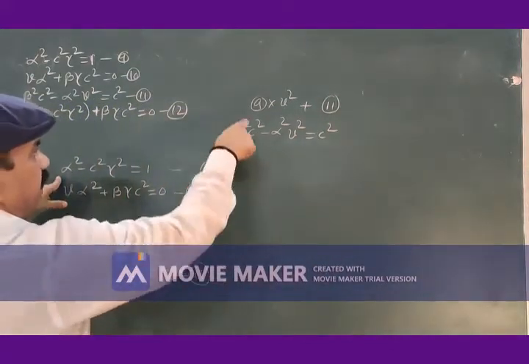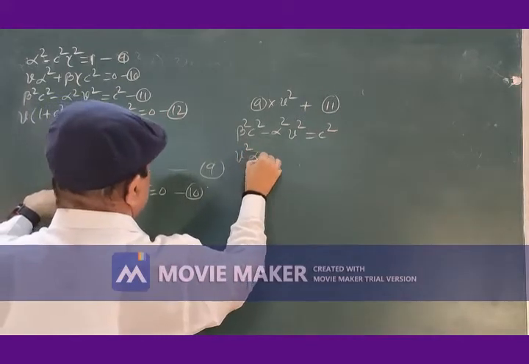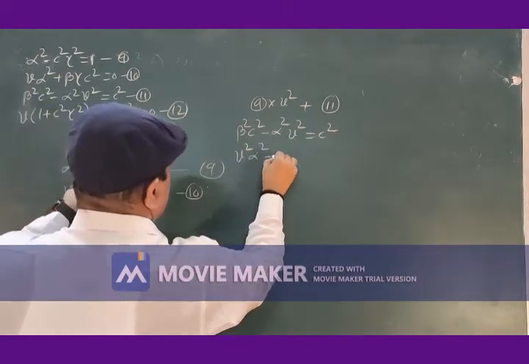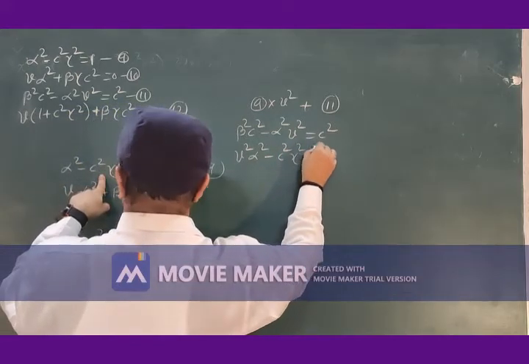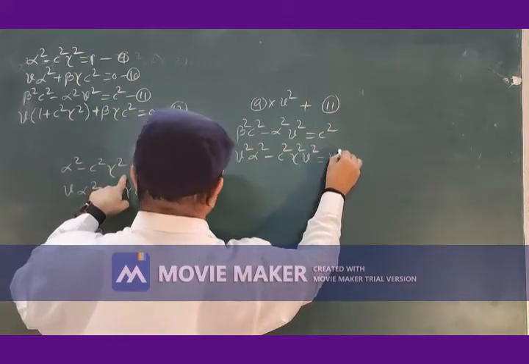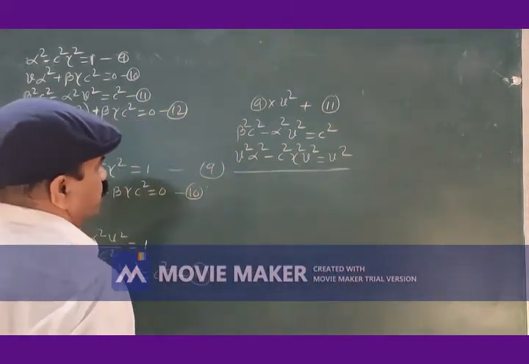Multiplying 9 by v square, we get v square alpha square minus c square gamma square v square is equal to v square. Just add these two.